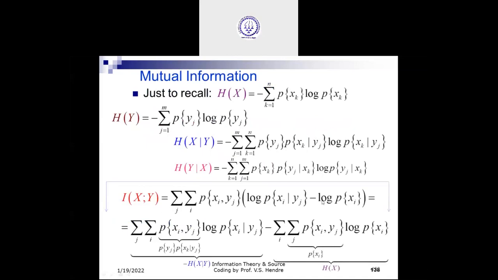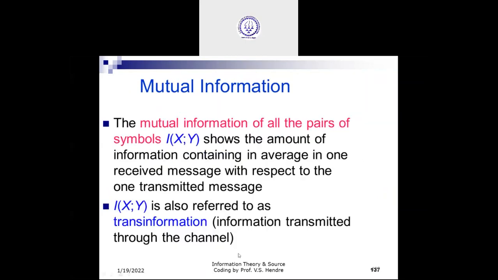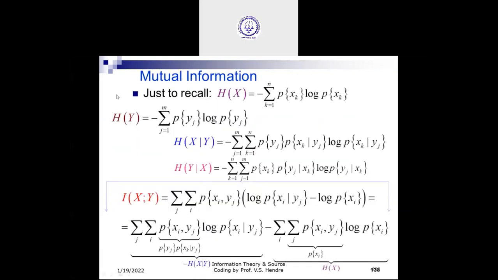So that is going to give me the equation for mutual information, and this equation I can correlate in terms of entropy. So first I got this particular equation. Now, if I want to correlate this in terms of entropy, then I know that H of X is minus summation p of xk log of p of xk.